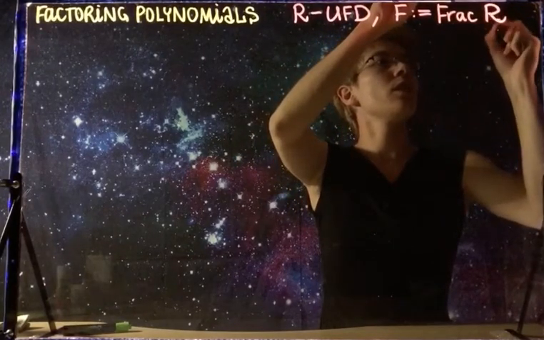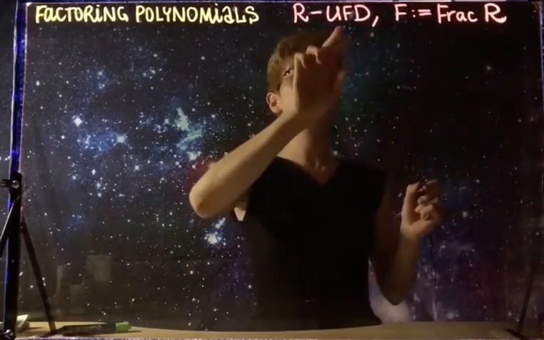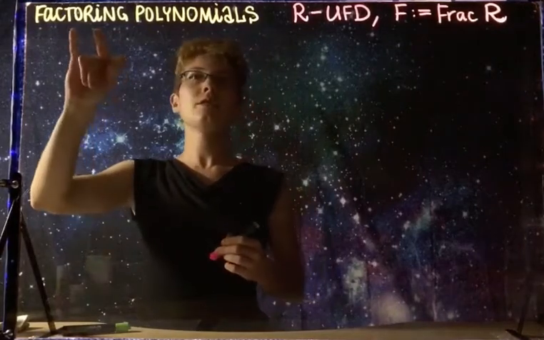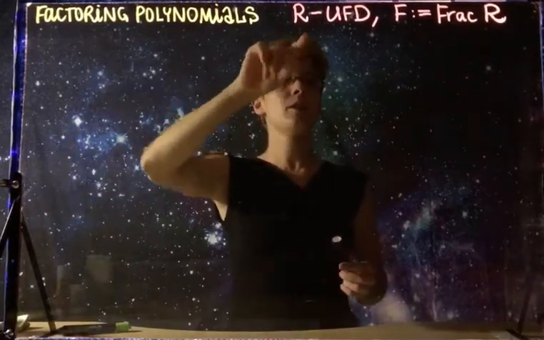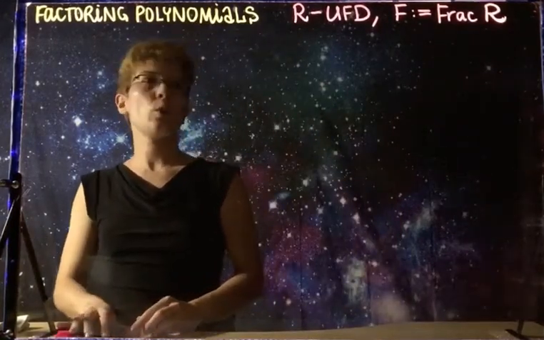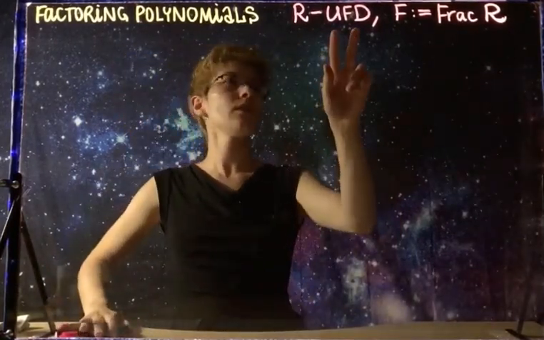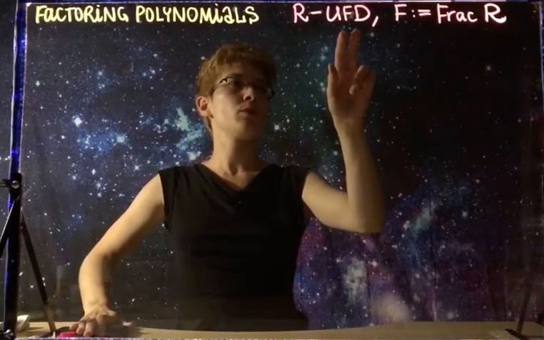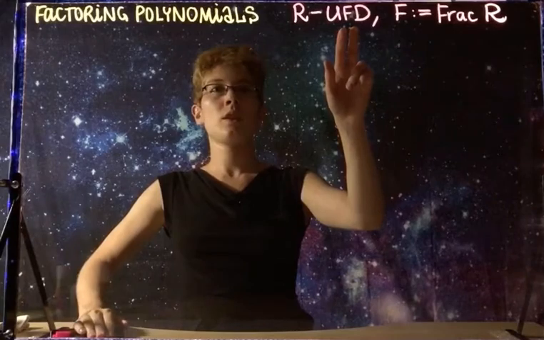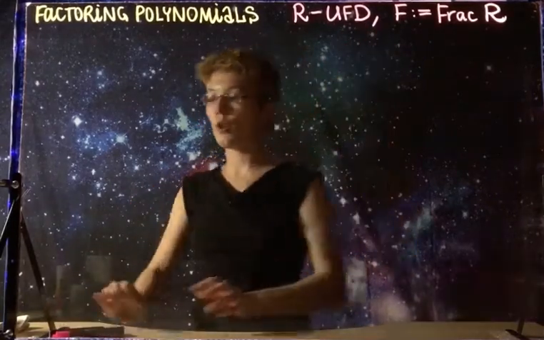And I want the base ring to be a unique factorization domain because I will be talking about factoring of polynomials over R. And for that I want factoring to exist, and I would like to not distinguish between prime and irreducible elements, which I can do in unique factorization domains.